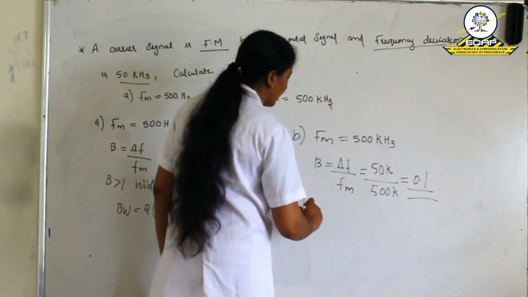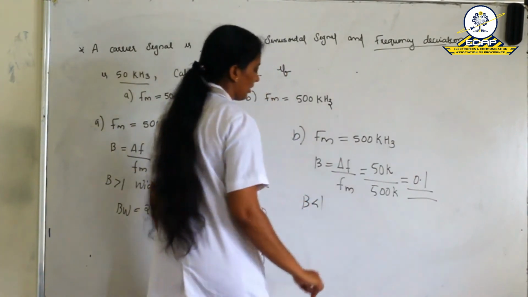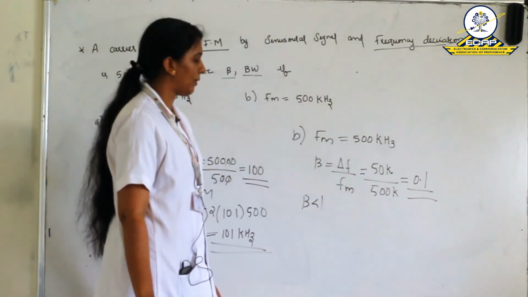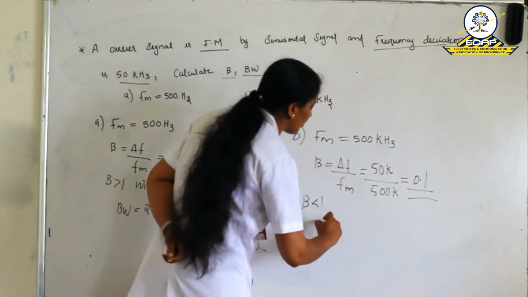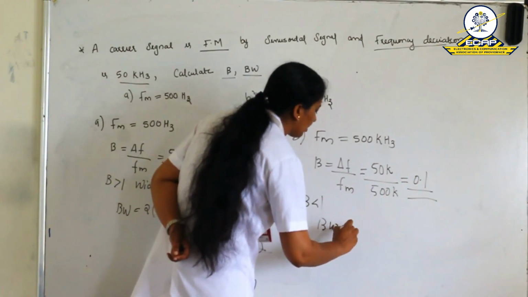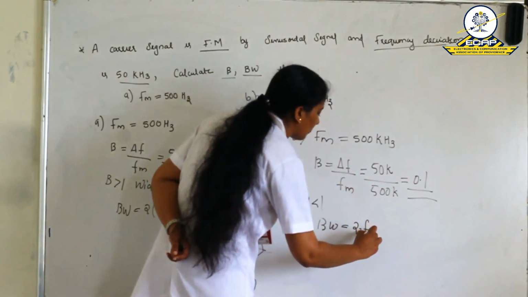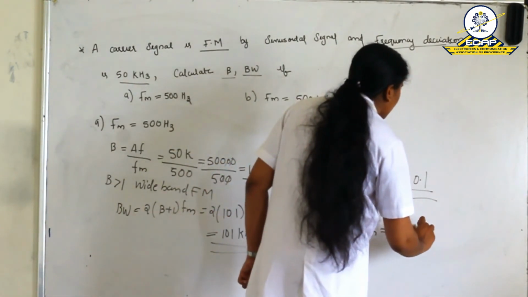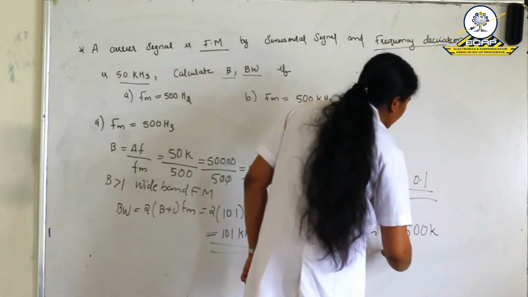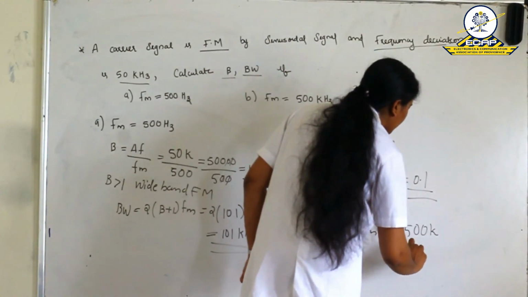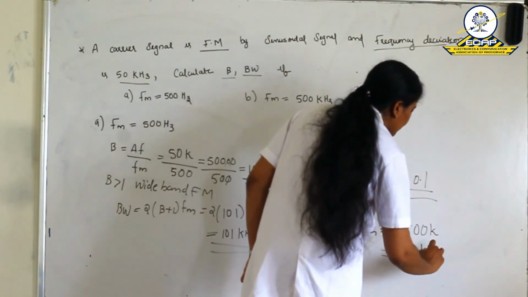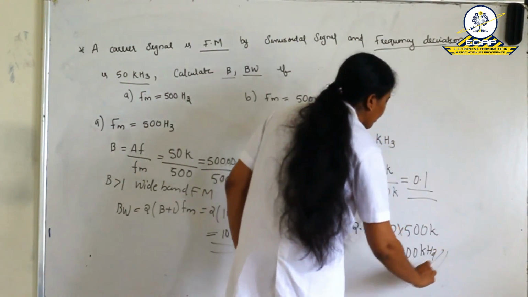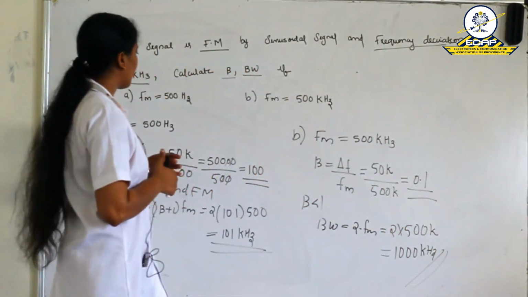Here beta is less than 1, which means it is narrow band FM. The general expression for bandwidth for narrow band FM is 2 into fm, that is 2 into 500 kilohertz, that is equal to 1000 kilohertz. This is the answer for part B.